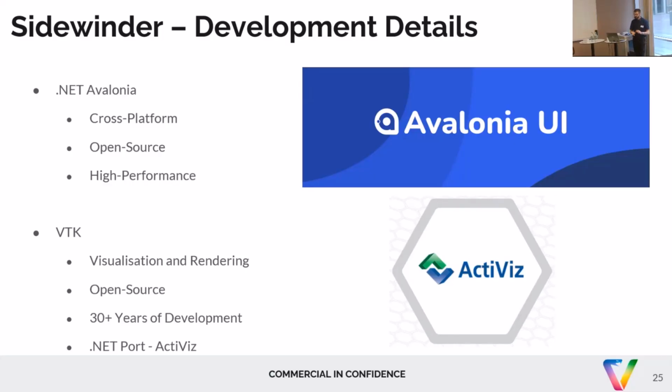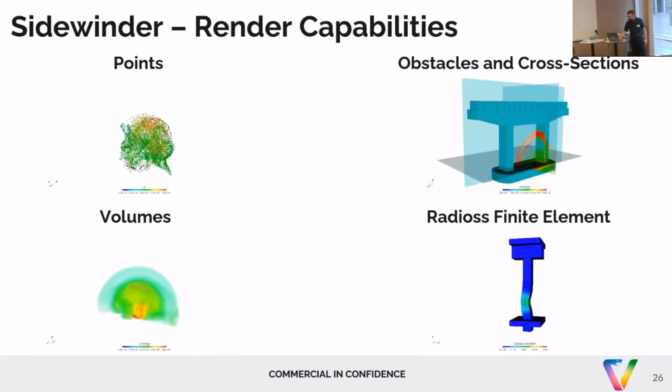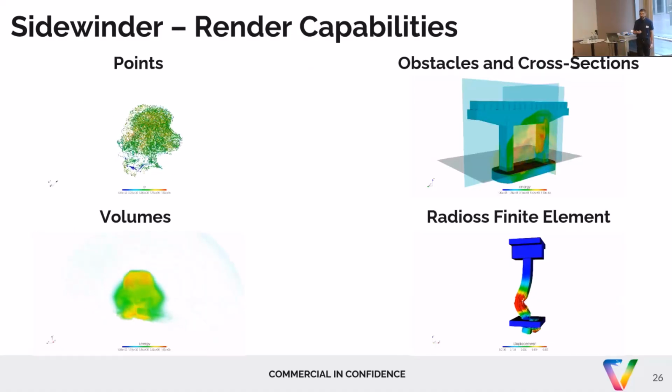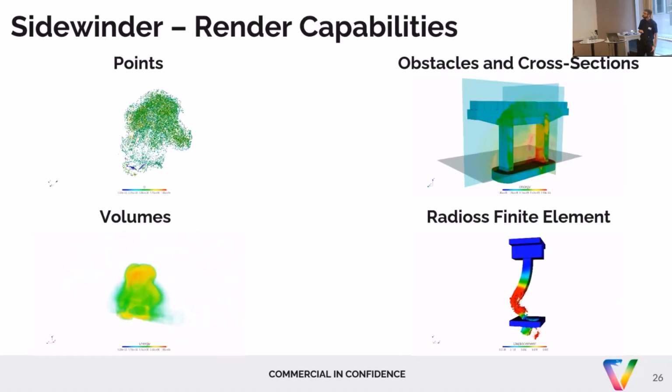.NET is open source, it is highly performant. And again, we have all the VTK libraries. That is the typical output for VIPER. It's good for visualization and rendering. There's a lot of support for it and so forth. And we have already built in a lot of capabilities for this.